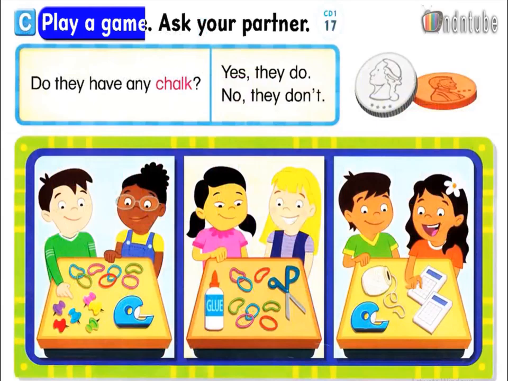If you can see the objects that we're looking for are there, you will answer yes, they do. But if you can't see the objects that we are looking for, you will answer no, they don't. Are you ready? Let's start. Remember that we are going to answer yes, they do. They, because they are many. No, they don't. And we will not now use thus.